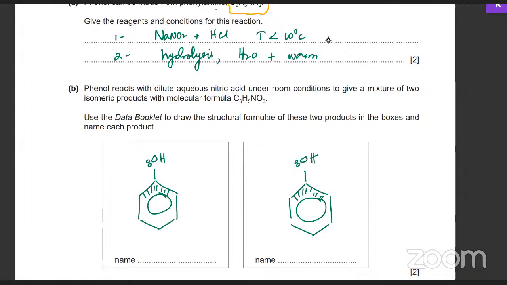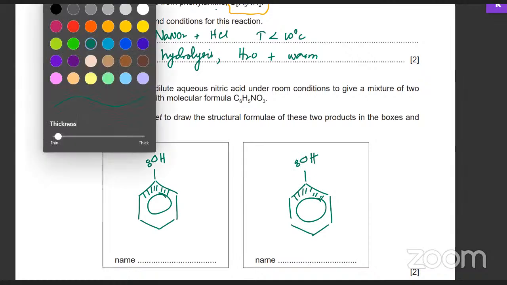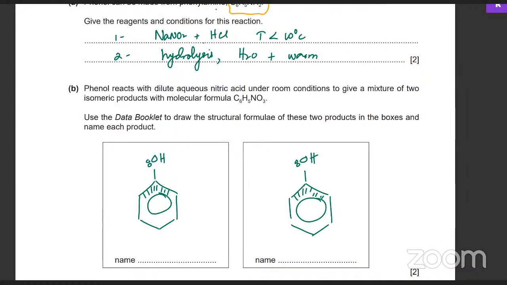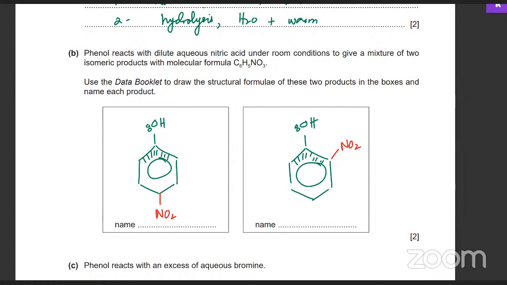And NO2 is going to get attached to either position number 2 or 4. I mean, here it's getting attached to 4. Let's attach it to 2. And the name of the molecule will be, over here, 4-nitrophenol. And over here, it's 2-nitrophenol.